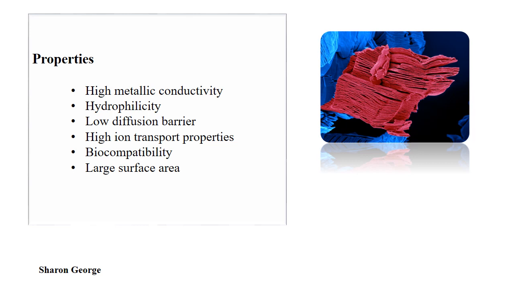So because of these kinds of properties, we can use these MXenes in a wide range of applications like energy storage, water purification, biomedical applications, and finally environmental applications. Okay, and next we will discuss how to synthesize these MXenes in the laboratory.